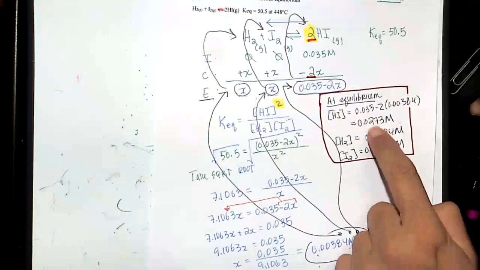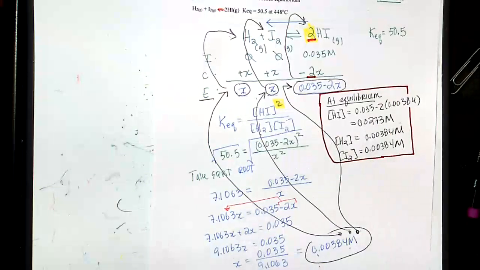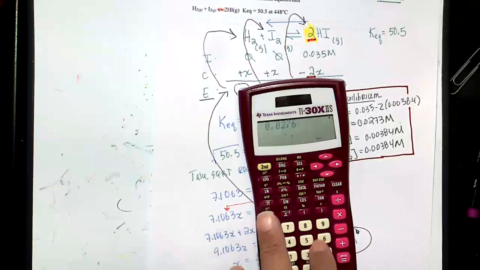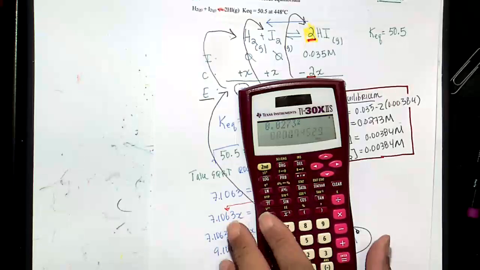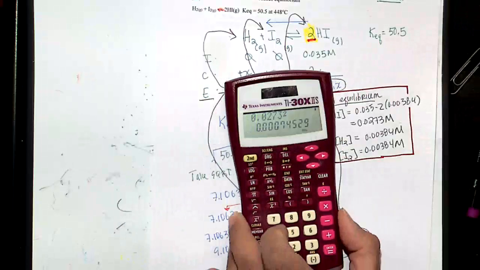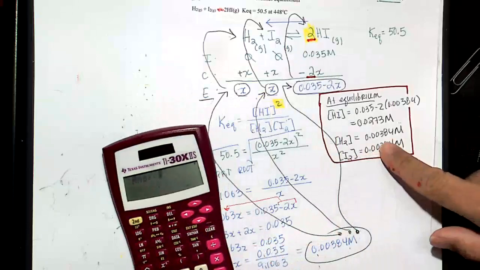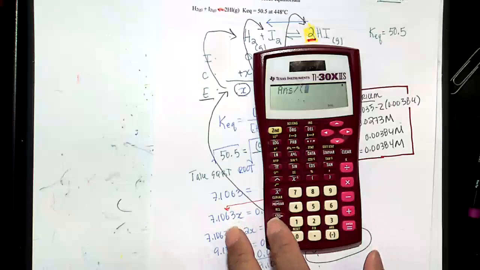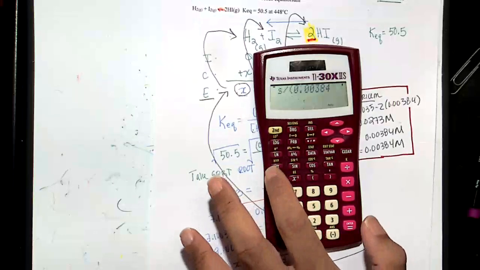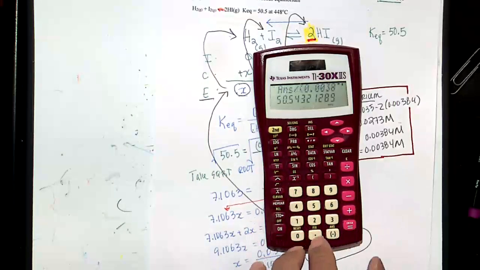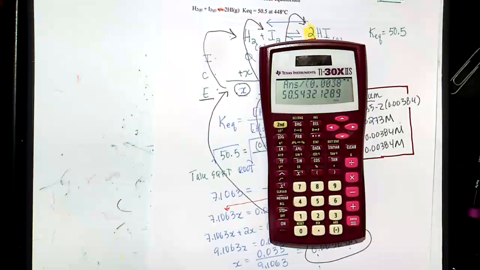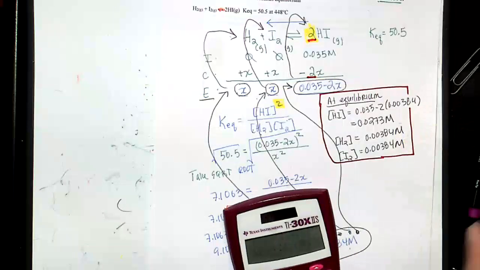So let's quickly do that here. 0.0273 squared, divided by H2, which is 0.00384, times I2, which is 0.00384. And I'm getting 50.5, which is the right answer.